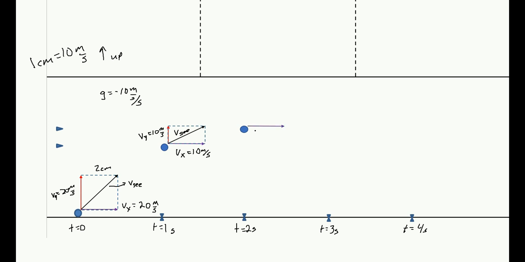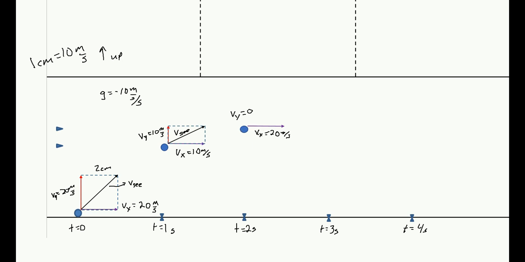So we're still going to have a horizontal velocity of 20 meters per second. Now, we've accelerated due to gravity another 1 second, and so we've lost another 10 meters per second. So it was going 10 meters per second. That means now our vertical is 0. And we know that from when we talked about free fall. At the top of the flight, the object has 0 vertical velocity.